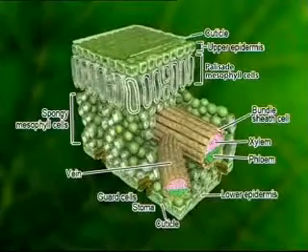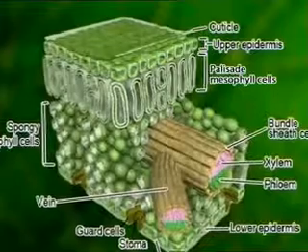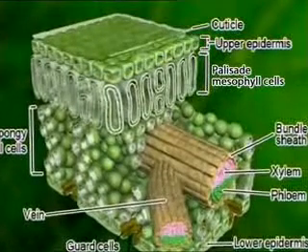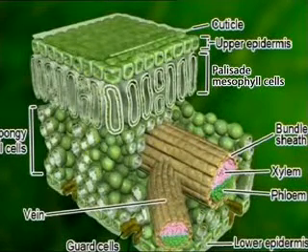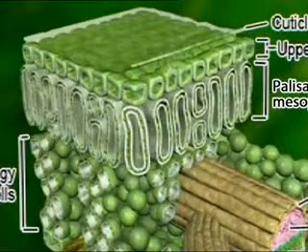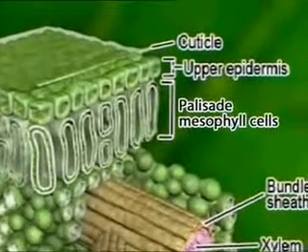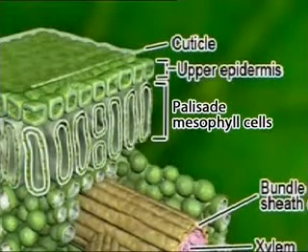The palisade cells lie in parallel direction with each other and contain abundant chloroplasts with little intercellular spaces in between them. Thus, palisade cells are more or less compactly arranged.